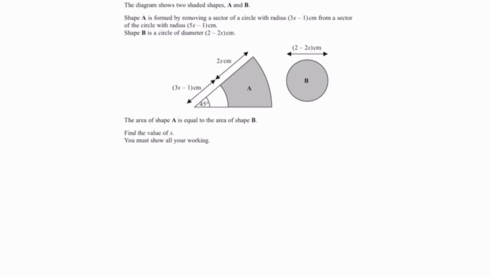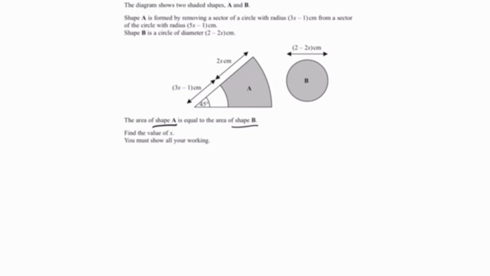And we're also told shape B is a circle, and we're given basically the radiuses and stuff in terms of x. We're told the area of shape A is equal to the area of shape B. So these two shaded regions are equal to each other. And what we want to do is find the value of x.